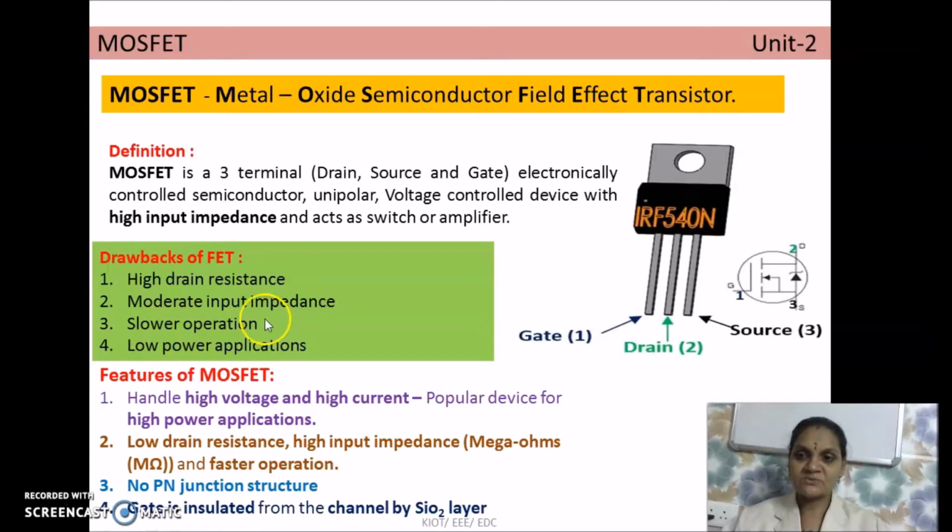Normally the switching speed of JFET is slow, so it is preferable for low power applications. That means applications handling voltages of only millivolts or a few volts, and currents of milliamps or one or two amperes. Only for those applications do we prefer to use JFET. So that is again a drawback. These are the 4 drawbacks in the case of JFET.